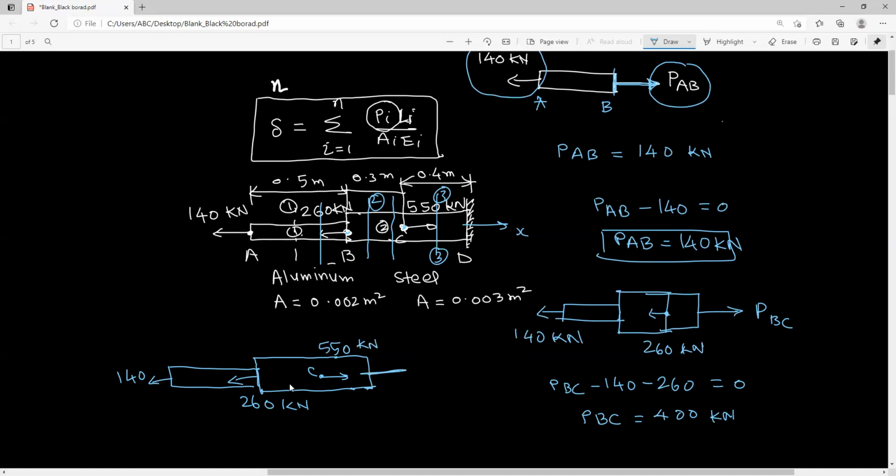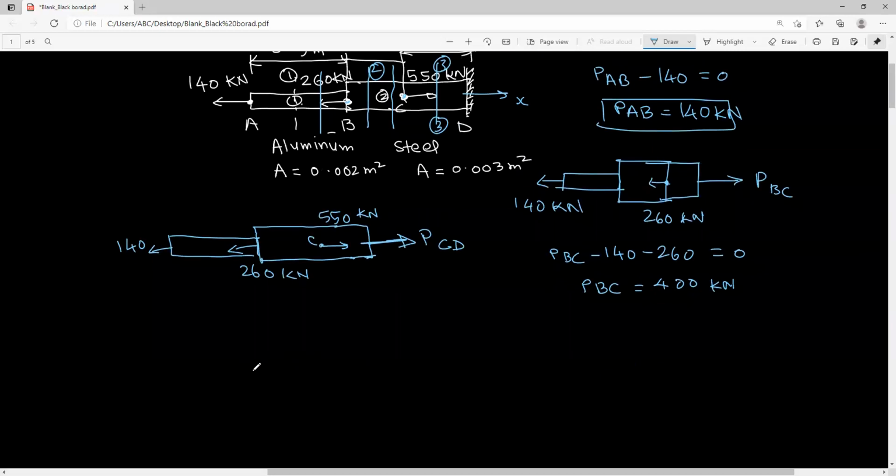And you can show here the outward normal of the cross section in the tension position, PCD. I want to evaluate the total internal force within that cross section. How much total force is acting on that cross section will be PCD.